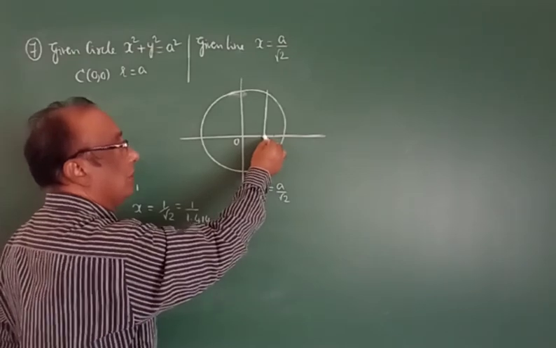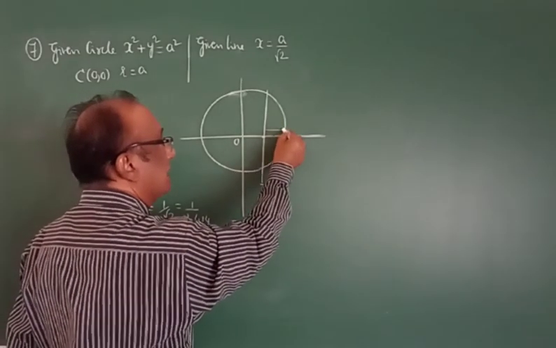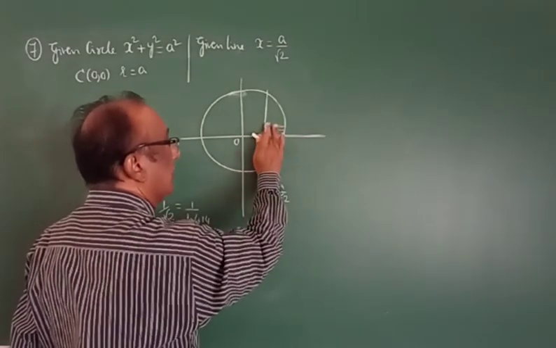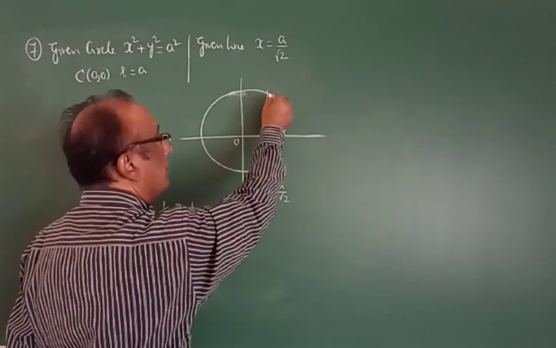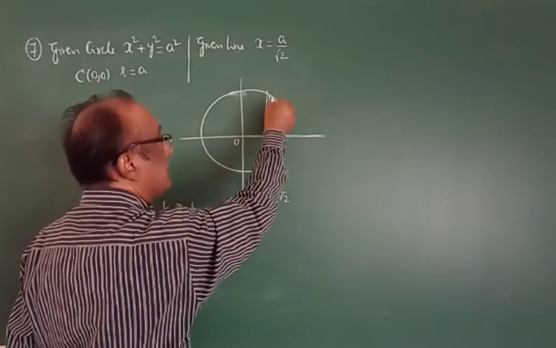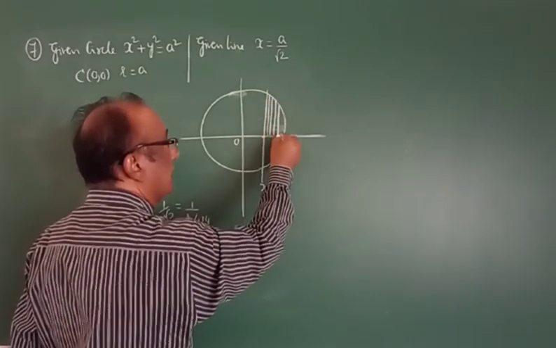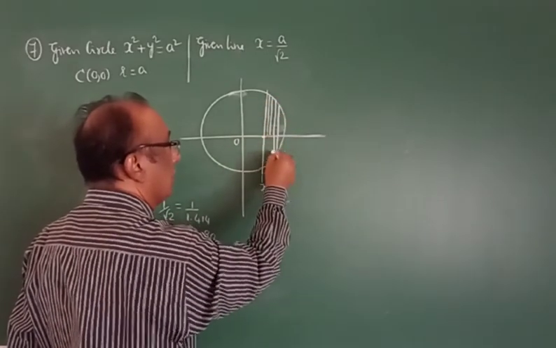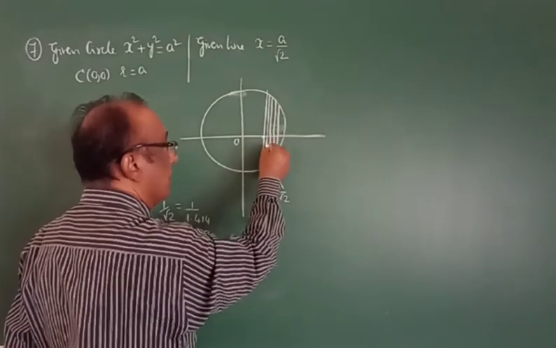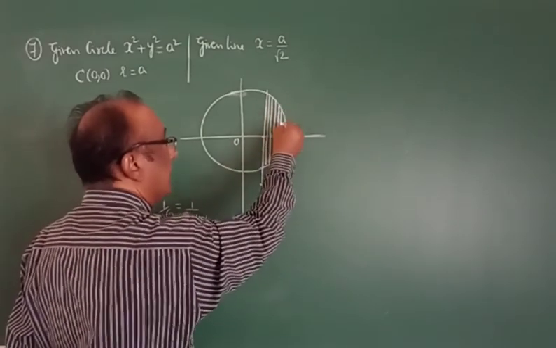We know the x value, so we can draw these vertical strips because we know the x-axis. Downside also, not only in the first quadrant, we require it. This is two equal parts, so find out one part's area.